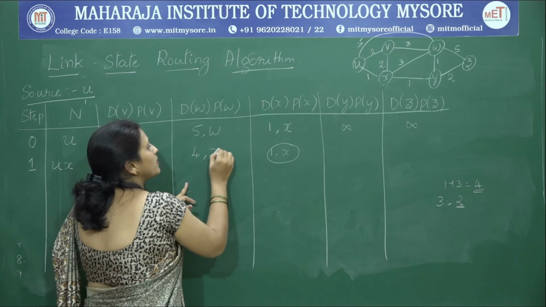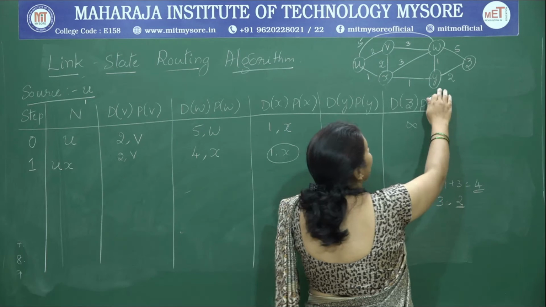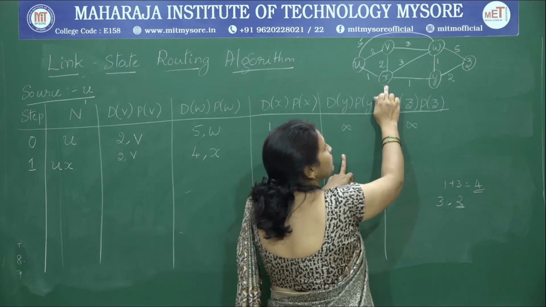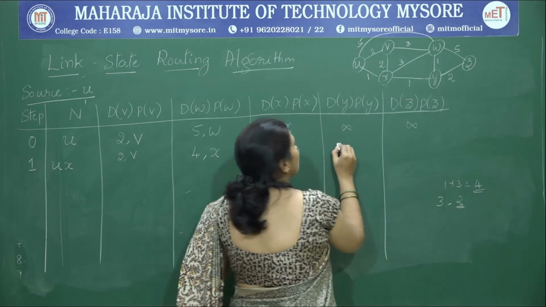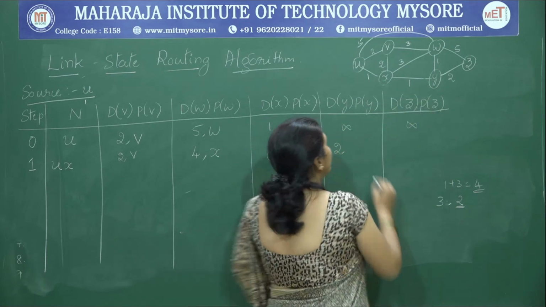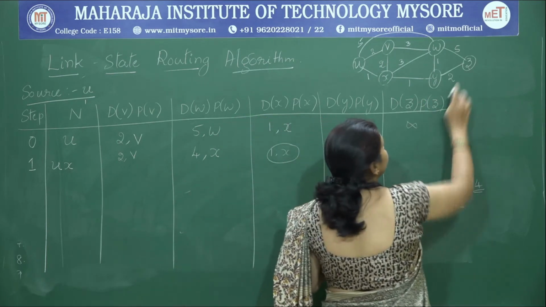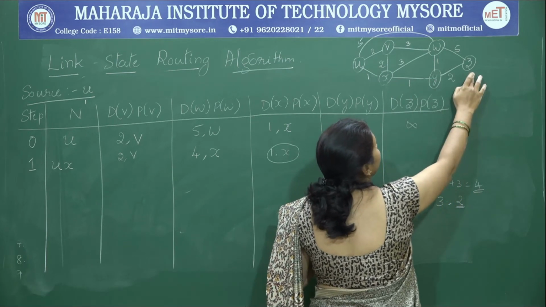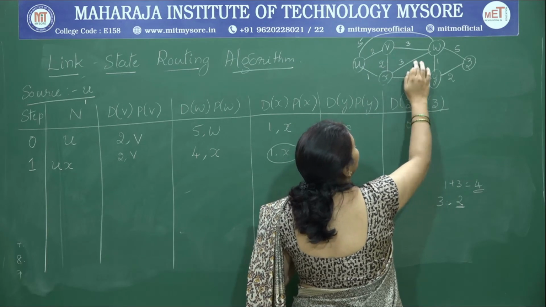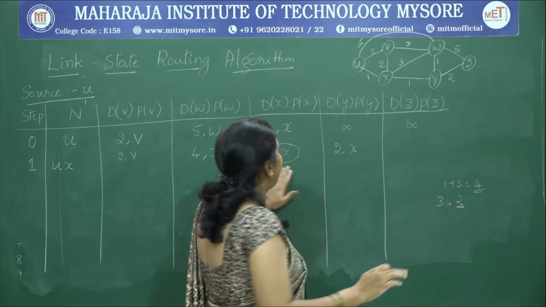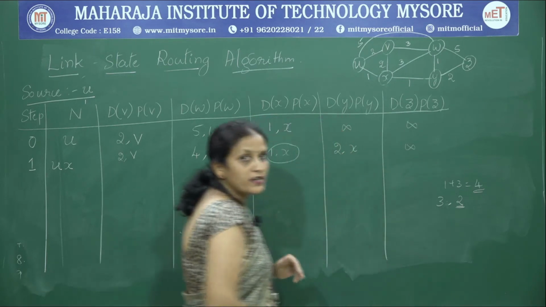So, w is going to be replaced by x. Now, y, can we reach y through x? Yes. From u to x we have 1, from x to y we have 1, 1 plus 1 is 2. So, with the cost 2 we can reach y through x. Can we reach z from x directly? No, z is not the neighbor of x here. We have v, w and y which are updated at the moment. So, z is kept as infinity at this point.